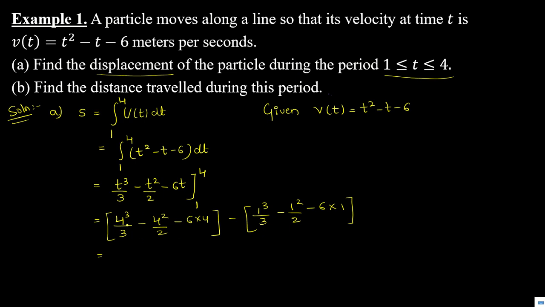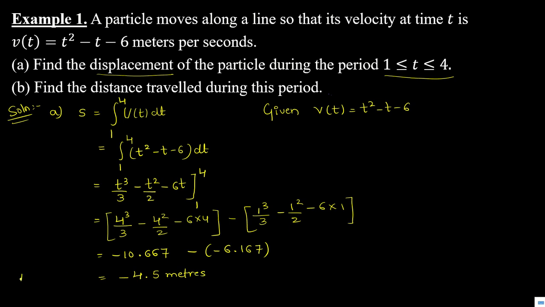Simplifying the first bracket, we get minus 10.667, and simplifying the second, we get minus 6.167. So minus 10.667, minus of minus 6.167 becomes plus, and when you simplify this, we get the value as minus 4.5 meters.